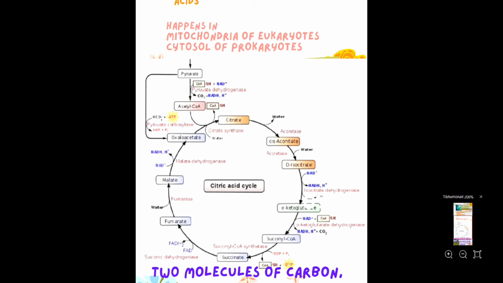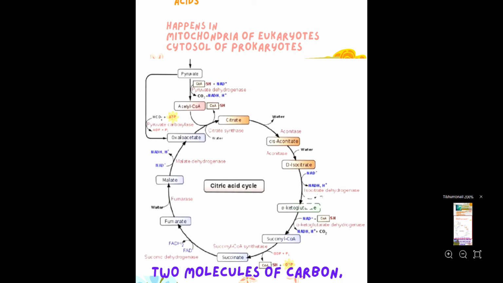The next step is the oxidation of pyruvate into acetyl-CoA by the enzyme pyruvate dehydrogenase. In this reaction, a molecule of carbon dioxide, NADH, and hydrogen are generated.